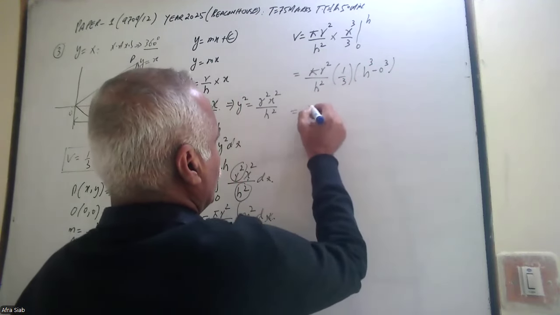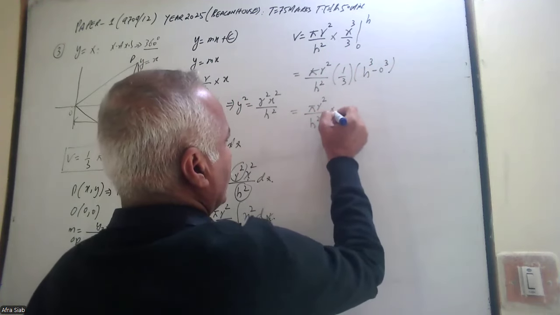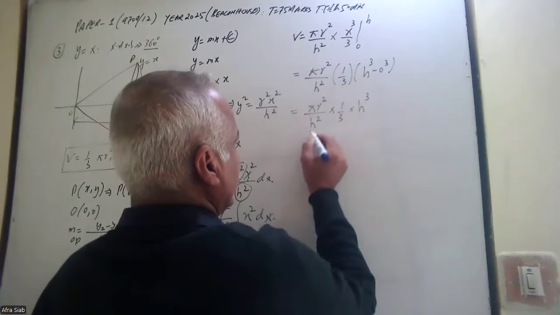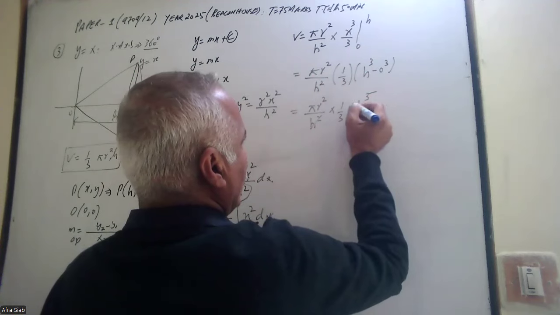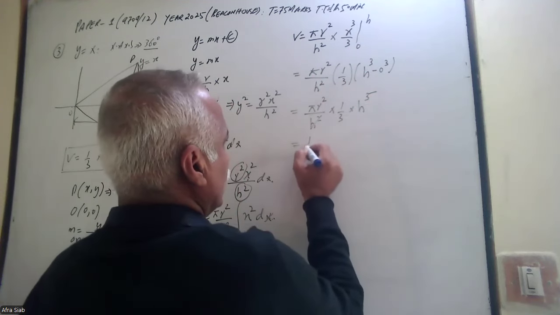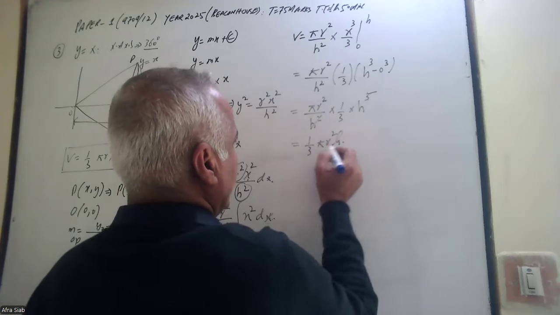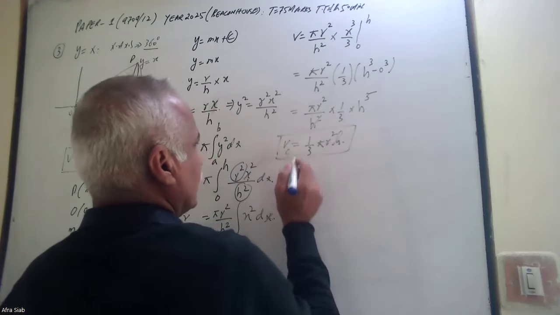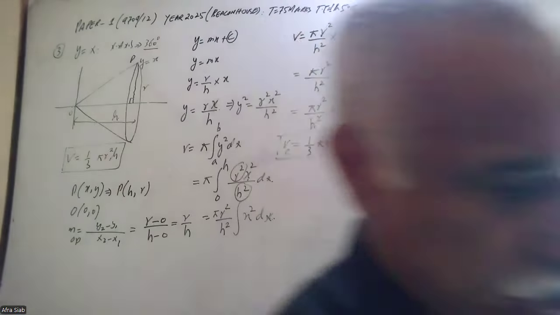This will be pi r square over h square into 1 over 3 into h cube. This h square and this h cube cancel, so it is left with only h. So it is equal to 1 over 3 pi r square h, the volume of this cone.